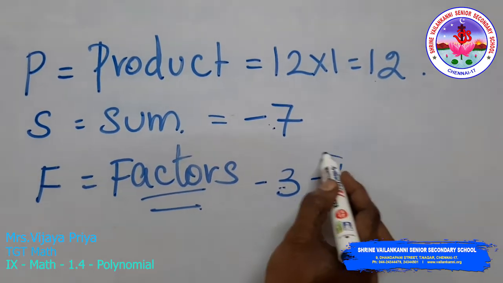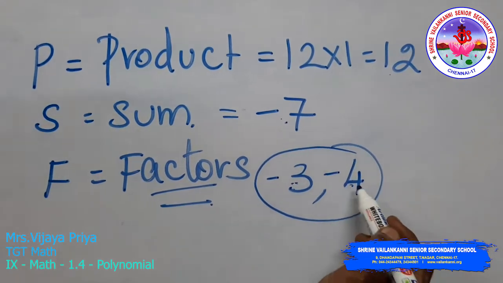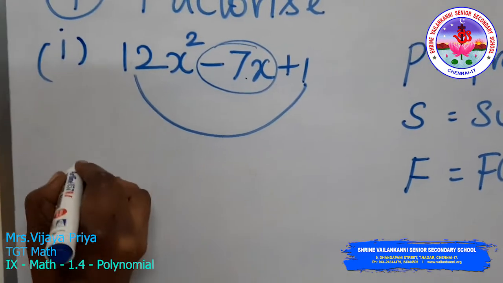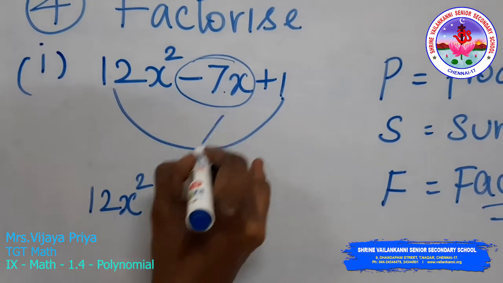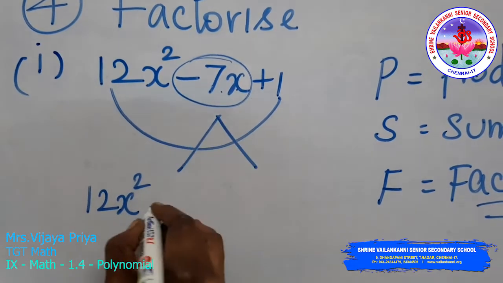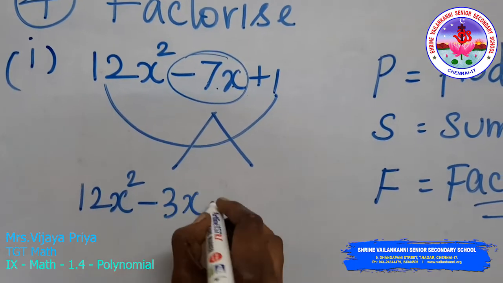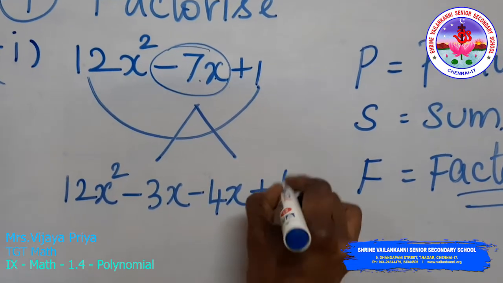So I am going to use these factors to split up my middle term. Coming to the problem, 12x squared I am writing as it is. I am going to split up the middle term, minus 7x, as minus 3x minus 4x, and the last term I am writing as it is.